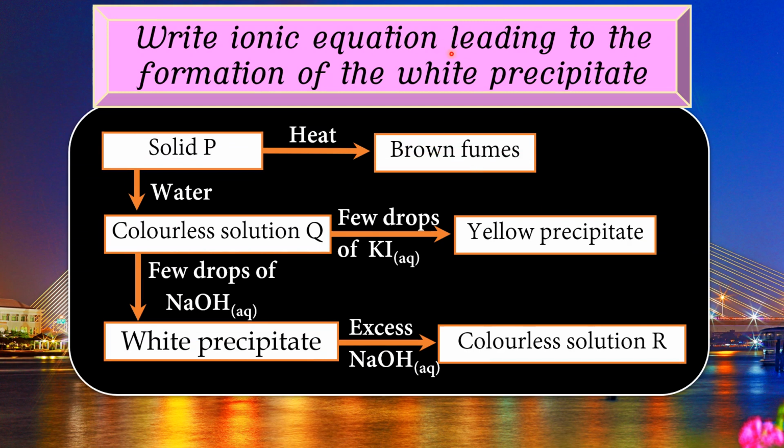Write the ionic equation leading to the formation of the white precipitate. This is the white precipitate. It's also coming from lead ions. How did it form a white precipitate here?